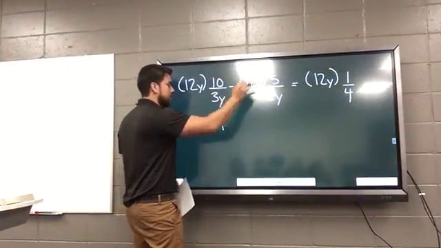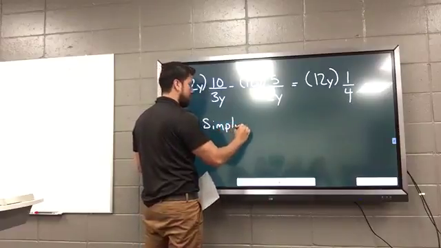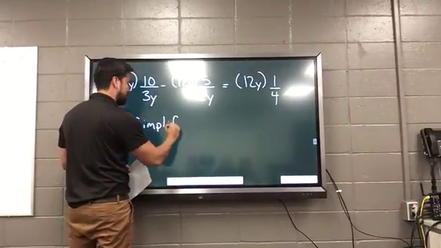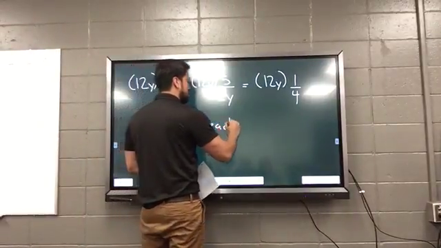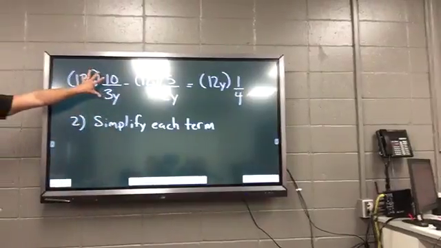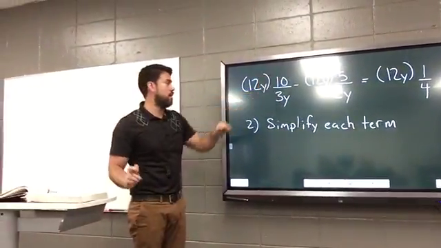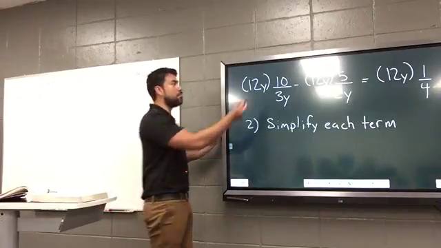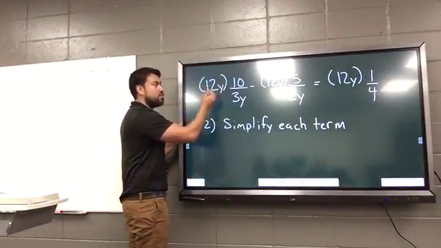My second step is to simplify each term. Now that I multiplied everything by 12y, simplify. Is this term as simple as it could be? No. Do you remember in the previous lesson, you had to multiply rational expressions?